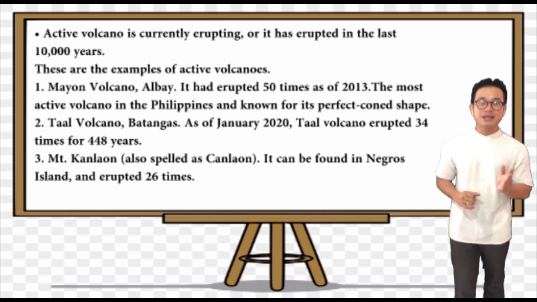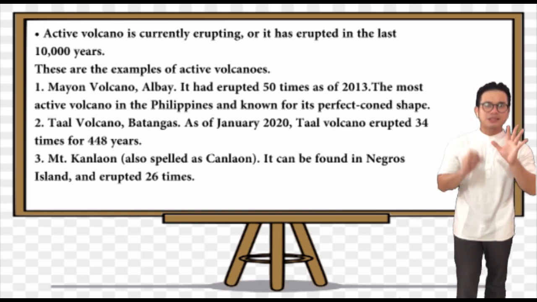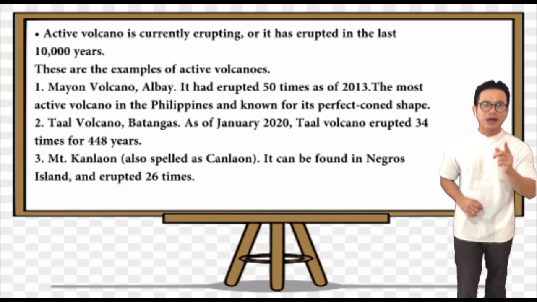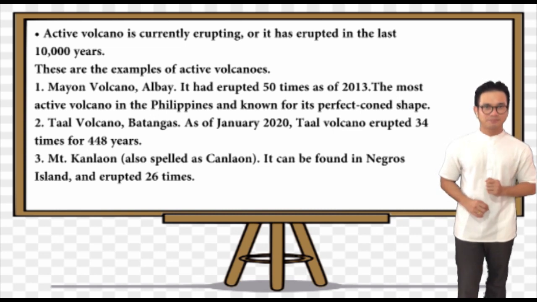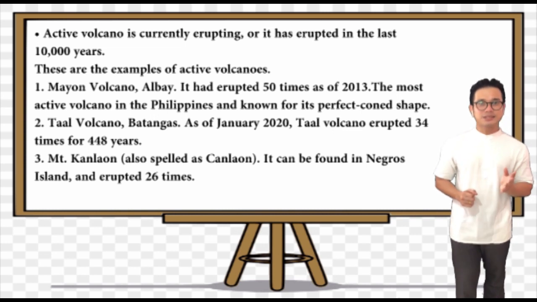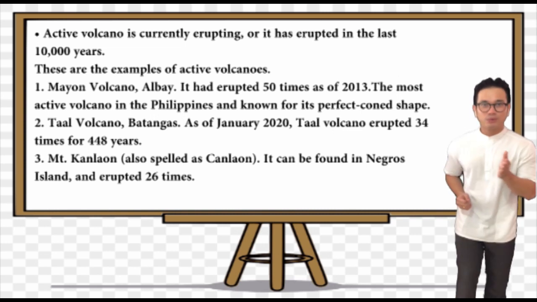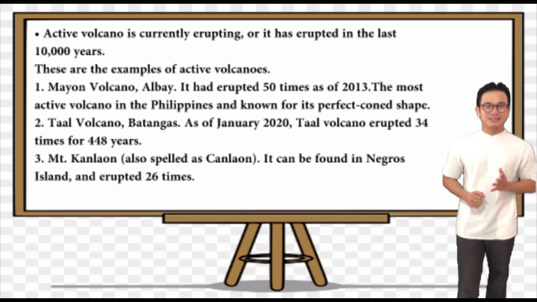Mayon Volcano in Albay had erupted 50 times as of 2013. Eruptions were recorded from 1616 to 2013. Next is Taal Volcano in Batangas.